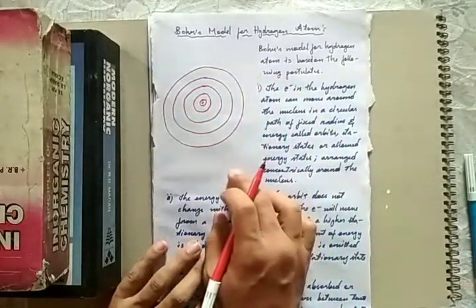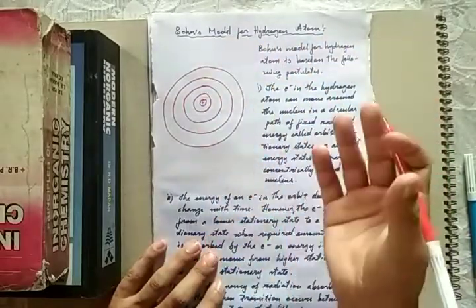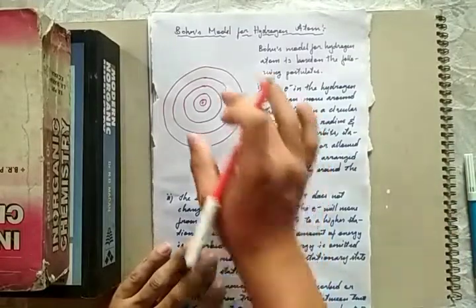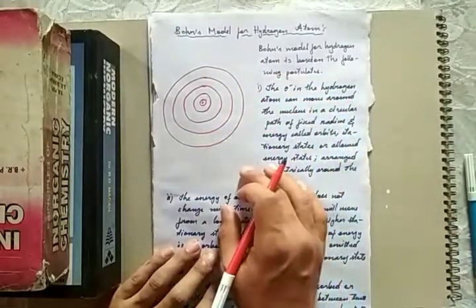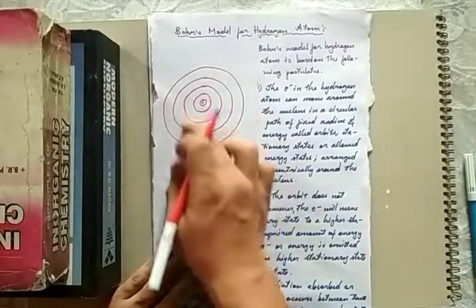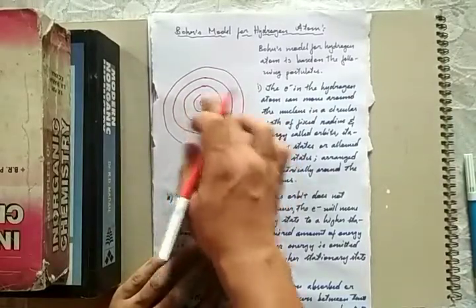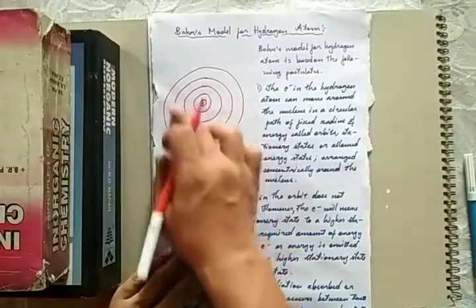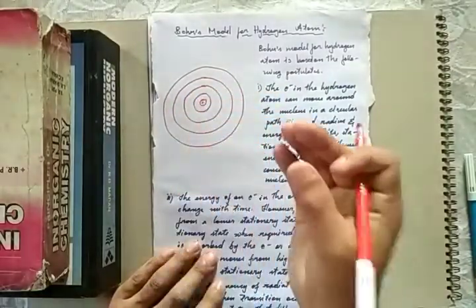Through this hydrogen atom, he was able to explain the stability, using the concept of quantization. So the electrons move around the nucleus in a circular path of fixed radius and energy.